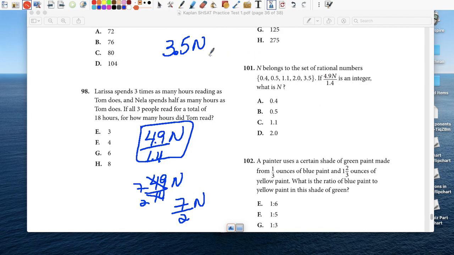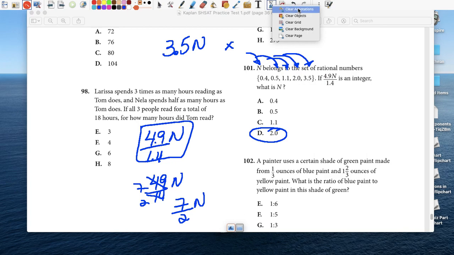So 3.5 times which of these numbers will result in an integer? 3.5 times 0.4, 3.5 times 0.5, 3.5 times 1.1, 3.5 times 2, and hello, 3.5 times 2 is 7, right? So that results in an integer, so that's the one we're looking for. Okay.